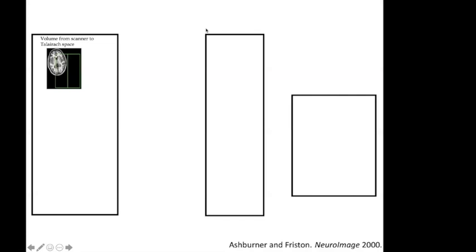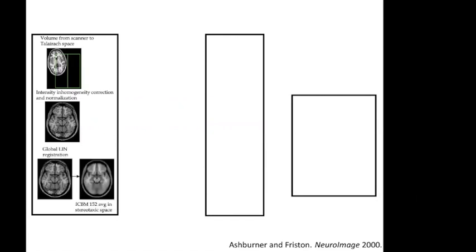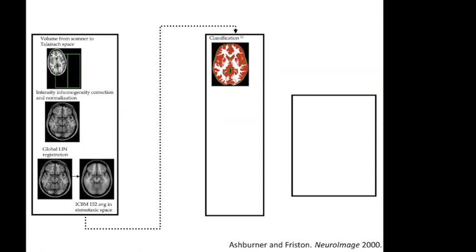So in a classical VBM analysis, voxel-based morphometry analysis, what you do is you leverage that idea by taking images from the MRI from the scanner, perform corrections for inhomogeneities as a result of the acquisition itself, do your global linear registration, do classification to get gray matter voxels and white matter voxels.